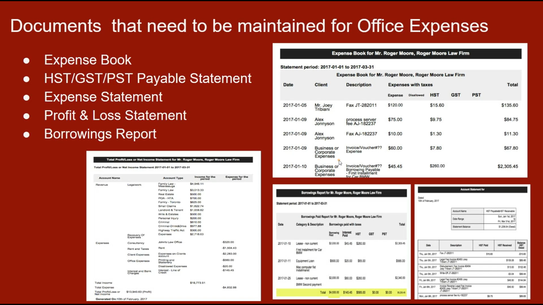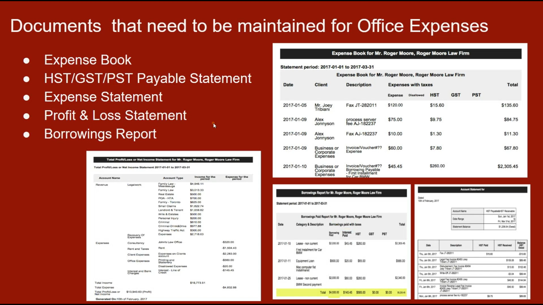Then comes your HST, GST, PST payable, your expense statement. That's more for your own business management. Your P&L, which talks about the expenses incurred, which reflect the P&L. And in some cases, depending on the type of business that you operate, you may also have a borrowings report, because that's also part of that expense management.